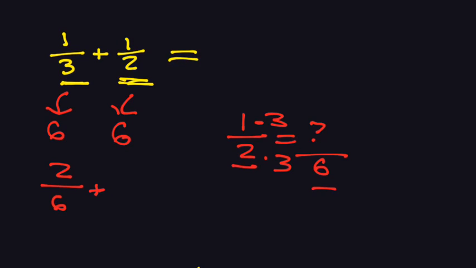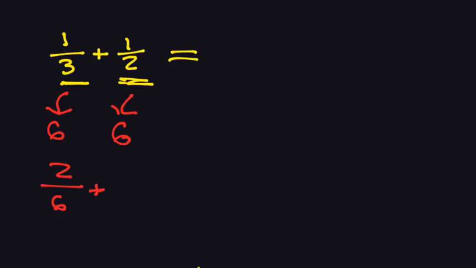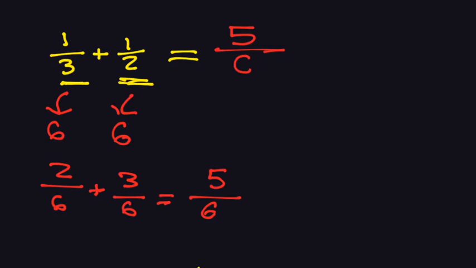So now we know that 1/2 is equal to 3/6. So now we can take out 1/2 and put in 3/6. So now we know how to add the fractions with a common denominator. We're going to keep the denominator the same and add our numerators to get 5/6. So 1/3 plus 1/2 is equal to 5/6.